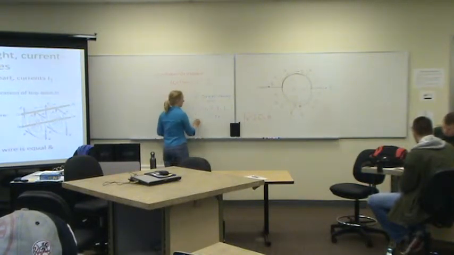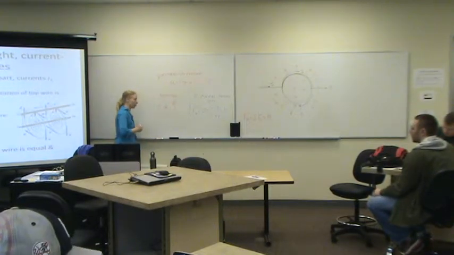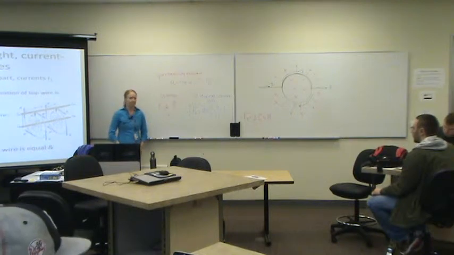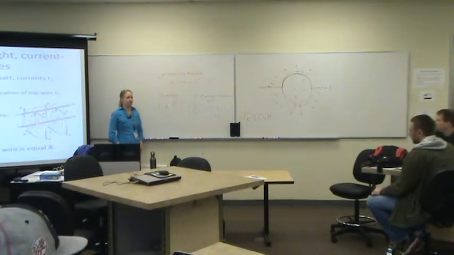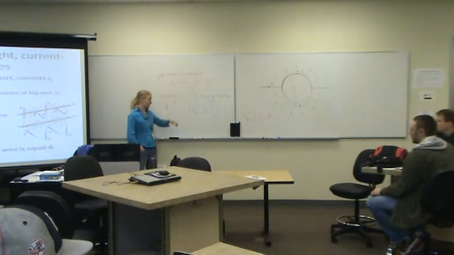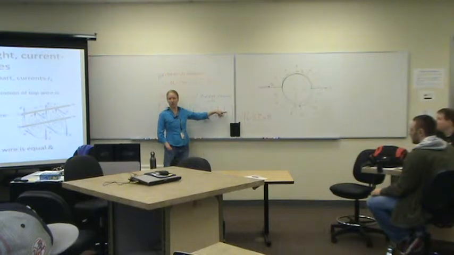All right. Is there anything in this equation that tells you that that's the force on the top wire due to the bottom wire? Jordan shaking his head no. Either one. Yeah, it's got both the currents. It's got a length, but we're assuming the wires are the same length.